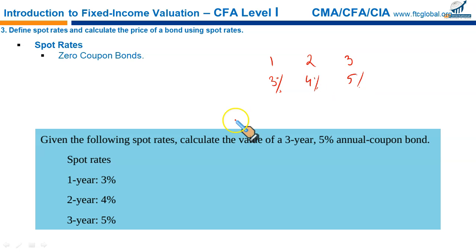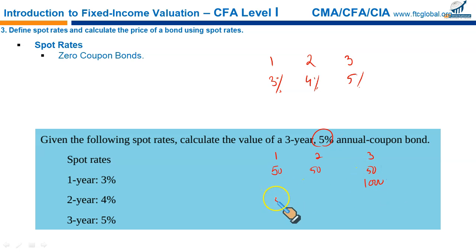Given the following spot rates, or zero rates, or zero coupon rates, calculate the value of a 3-year 5% annual coupon bond. Okay. So the relevant cash flows for years 1, 2, and 3: first, there will be 3 coupon payments of 50, 50, and 50, and then the principal payment at the end of year 3.